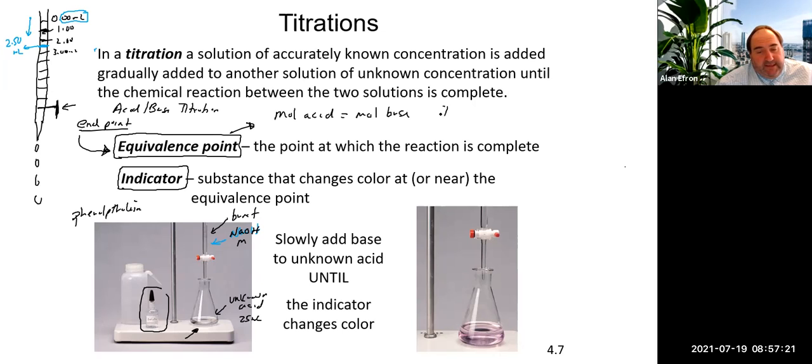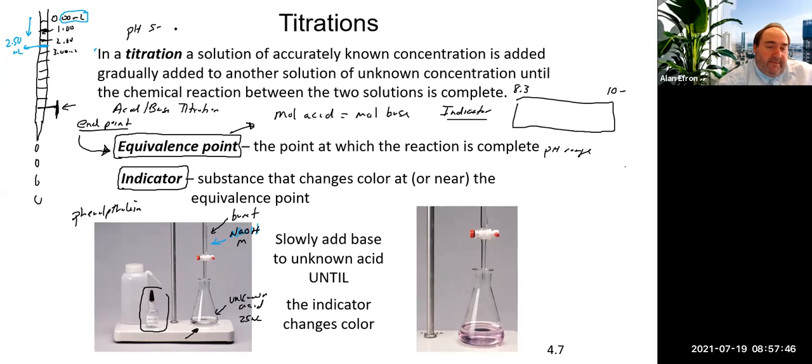Typically, especially when you're doing acid-base titrations, indicators basically work over a pH range. For example, phenolphthalein works over a pH range of like 8.3 to 10 and change. And if you're familiar with the pH scale, it goes from 0 to 7 to 14.